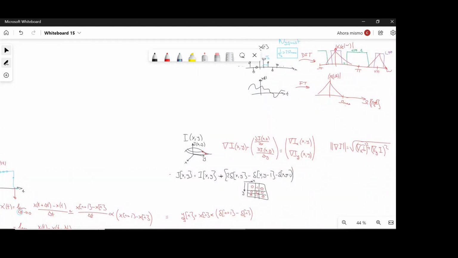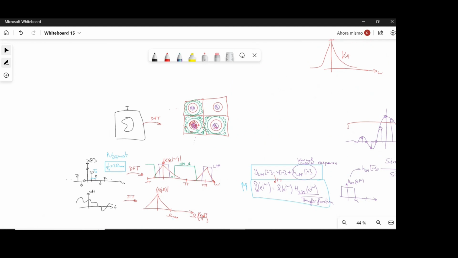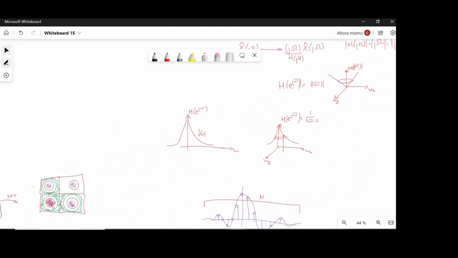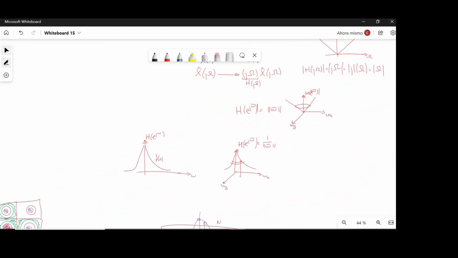So we presented all these kernels as a way to approximate derivatives. And now we have the same kind of thing, but in Fourier space. So we can compute derivatives with this kind of filters, but now in Fourier space. They are not exactly the same. One is not exactly the equivalent of the other, but they aim to compute similar things.